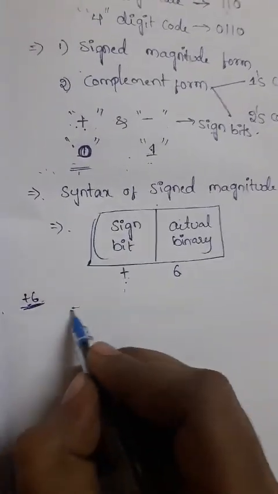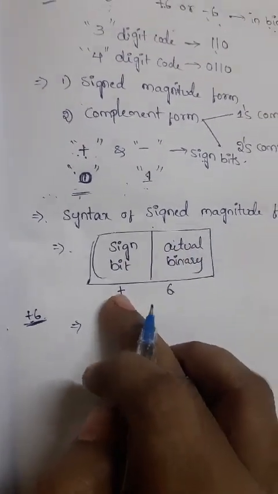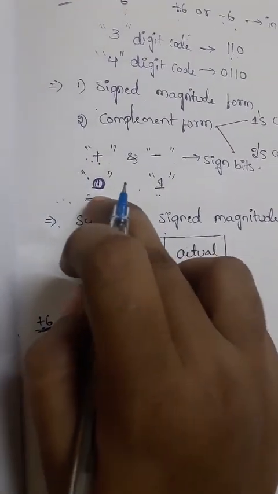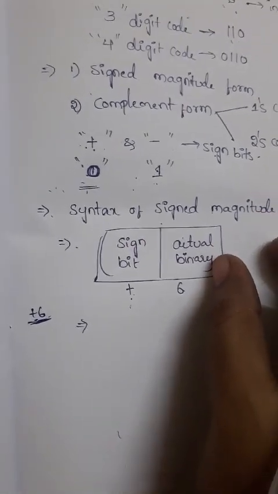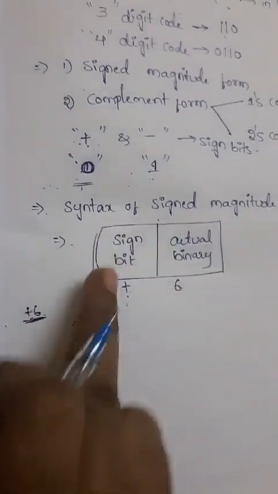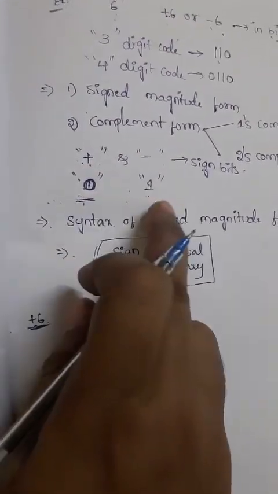Now this number will be converted into this form. The sign bit plus is converted into binary: already we know plus and minus can be represented in binary as 0 and 1.